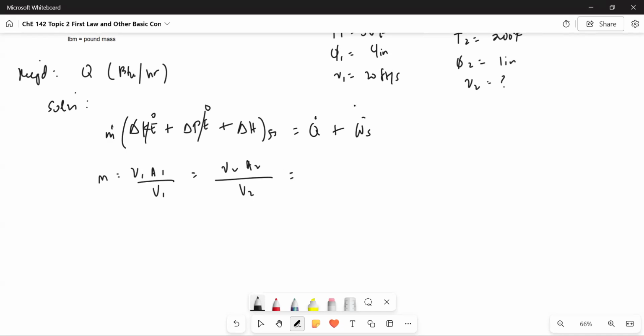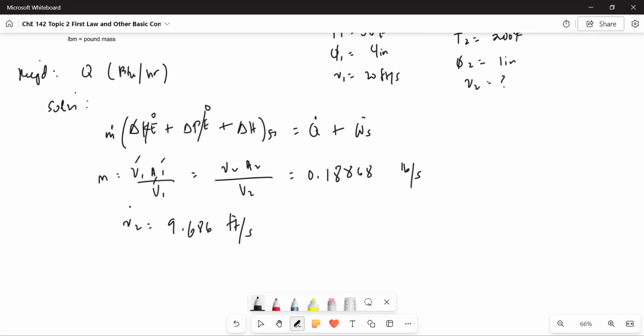So substitute that, you will get this mass flow rate. And with that, you can solve for velocity 2, which is currently unknown. So isolate V2 on one side, and then substitute the values, you'll get velocity 2.